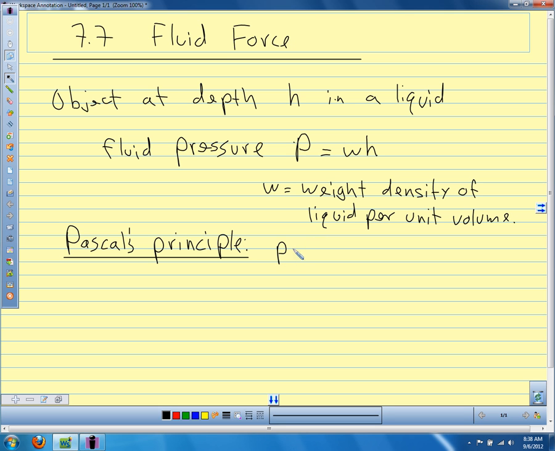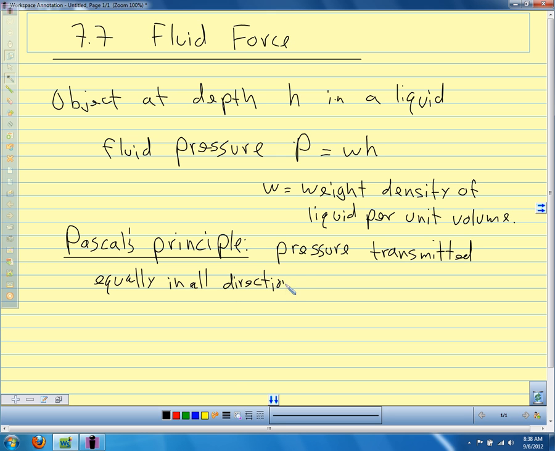The pressure is transmitted equally in all directions, and it depends only on the depth. So there's nothing else that changes the pressure that this liquid exerts. And pressure is force per unit area.